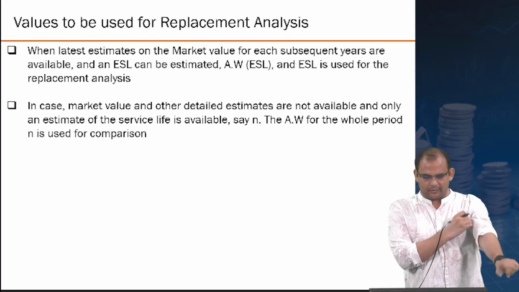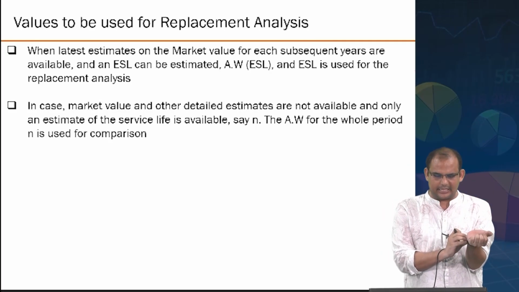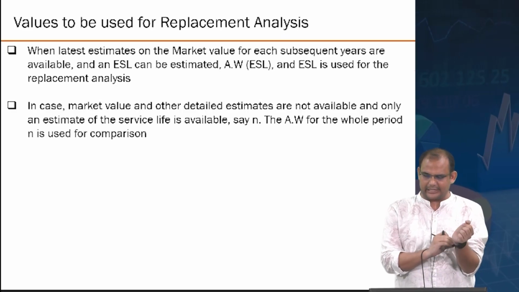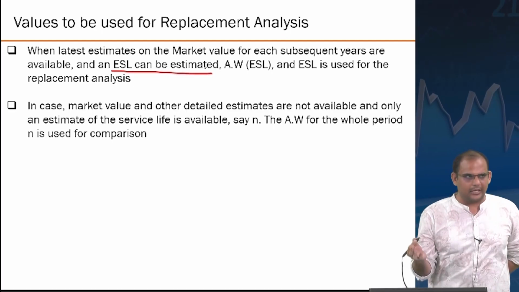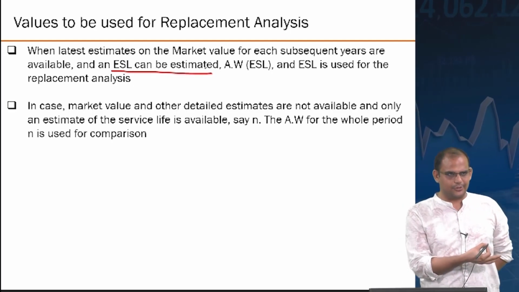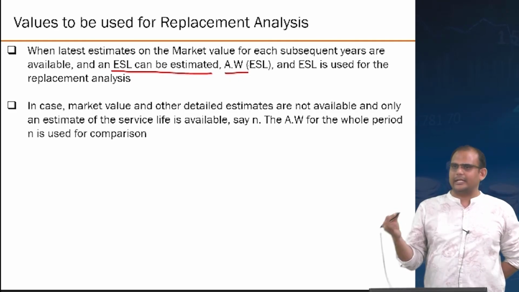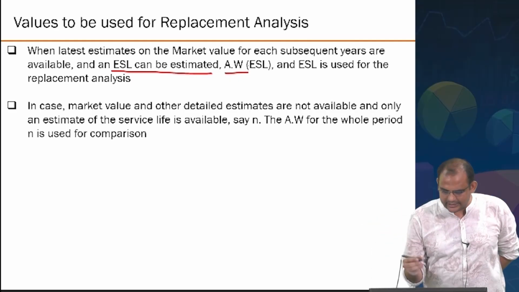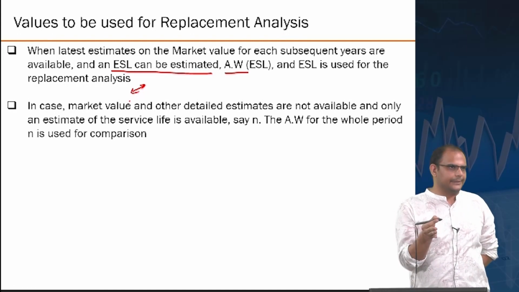Now, what values to use actually for replacement analysis? When the latest estimates on the market values for each of the subsequent years are available, you can estimate the economic service life as I just showed you, and then the annual worth at the ESL number of years is used for comparison of defender and challenger.